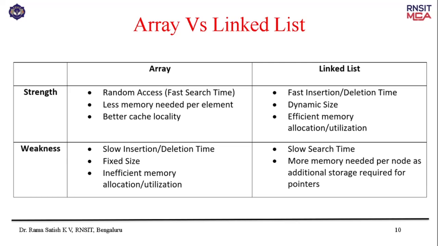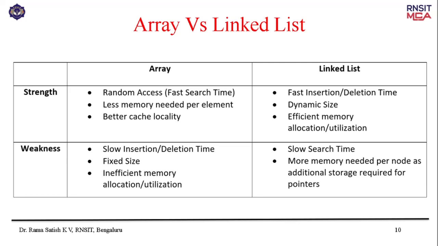Whereas a linked list is very fast in insertion and deletion, and it has a dynamic size. The size can grow based on requirement, and it efficiently manages memory allocation.